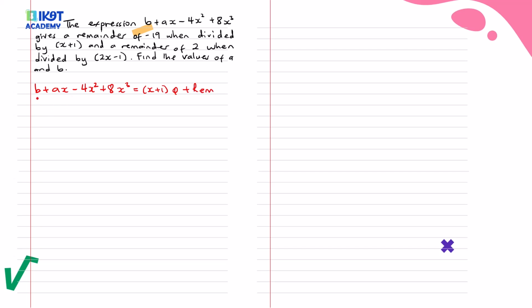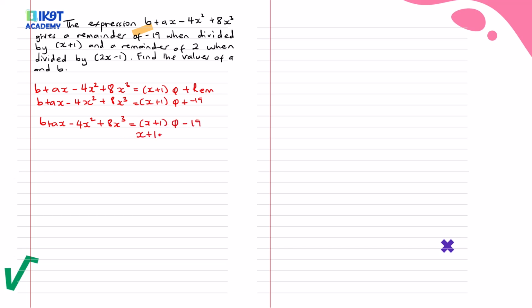But for this question, we've been given the remainder, so let's rewrite this as b plus ax minus 4x squared plus 8x cubed is equals to x plus 1 into q minus 19.